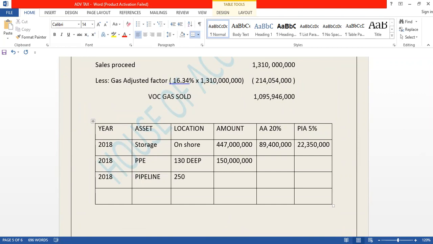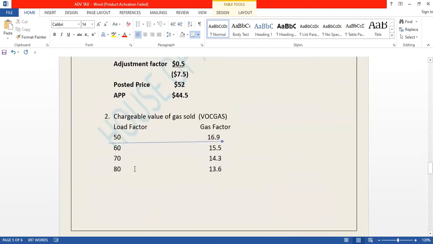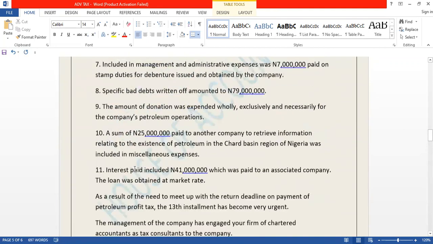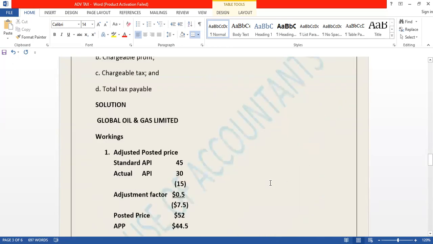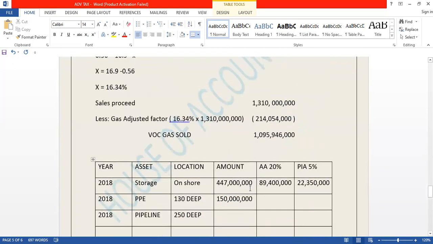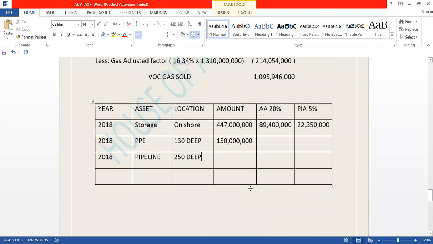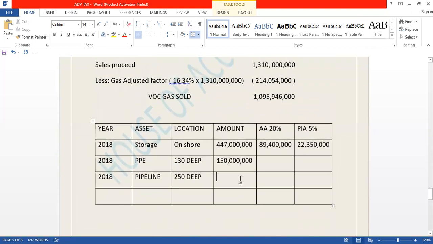So go back to check. So let's go back to see 250. Then the price is 220. So the price is 220,000.